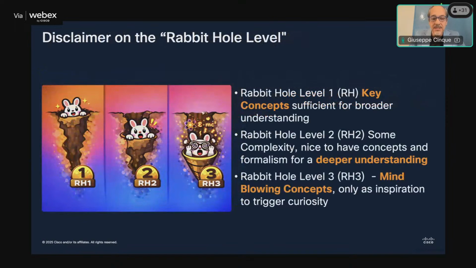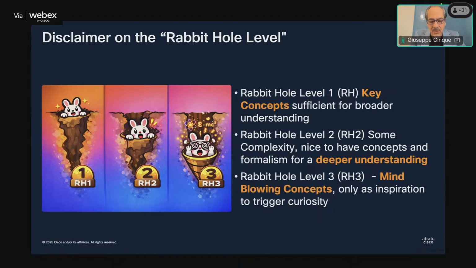But of course, this is a domain where you can easily get very deep and very complex. So I will use this cute rabbit to show the level of depth. Rabbit hole level 1 means that these are the key concepts that are sufficient for broader understanding.